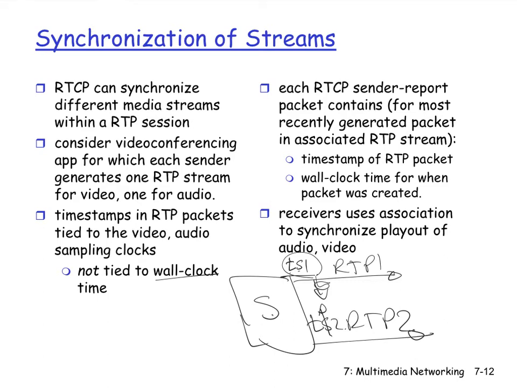Because the timestamp contained in RTP is relative, RTCP sends the absolute time, based on which we can always calculate the absolute time of every packet. So in other words, we need both the timestamp inside RTP together with the wall clock from RTCP to provide full synchronization.